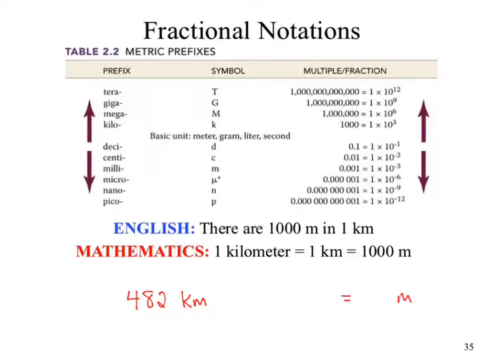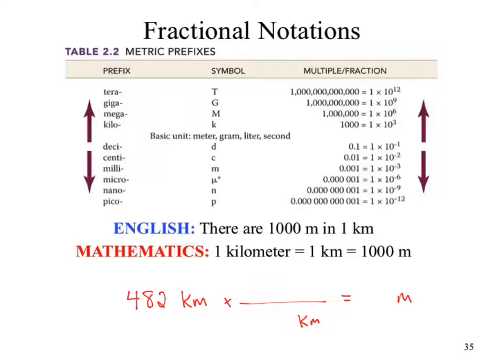Is kilometers the same thing as meters? No. So what does that mean has to happen? That kilometer unit must disappear from my system, which means I can place kilometers on the bottom. Where does my meter unit show up in my answer? On the top. Does it show up on the left-hand side of my equality?